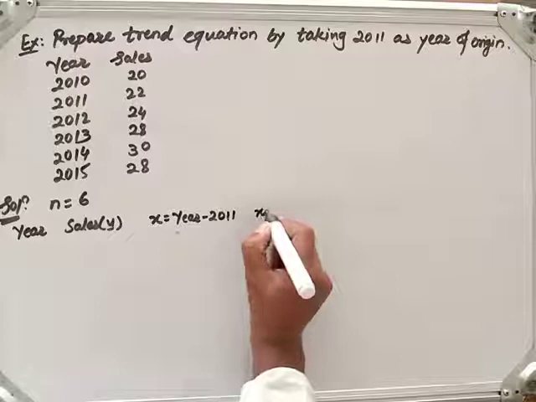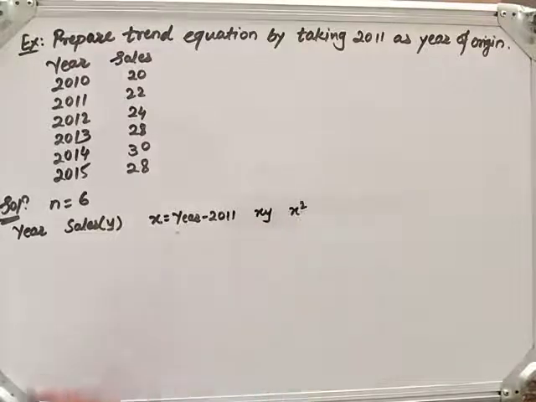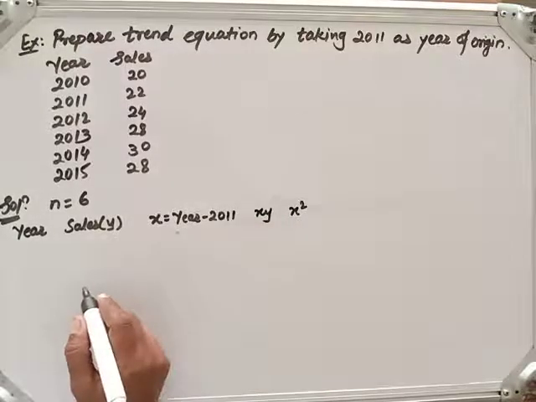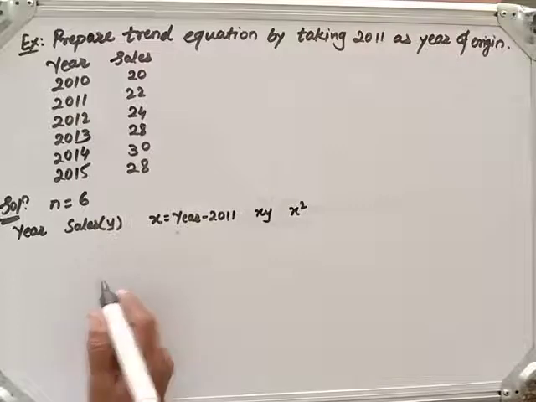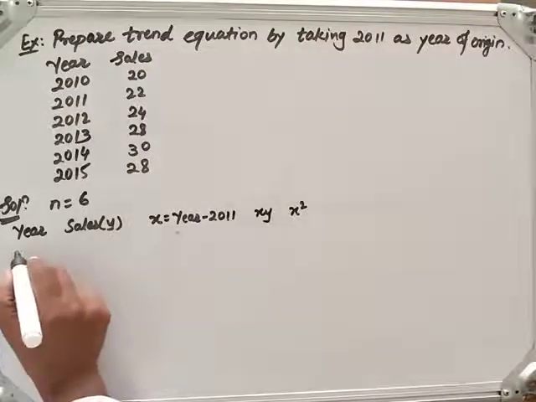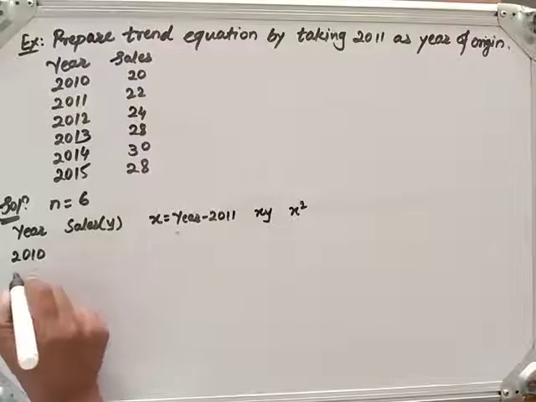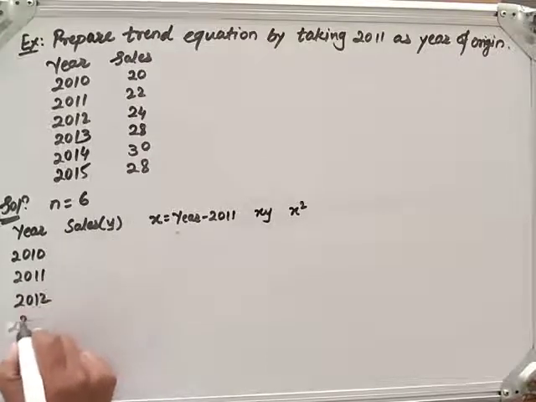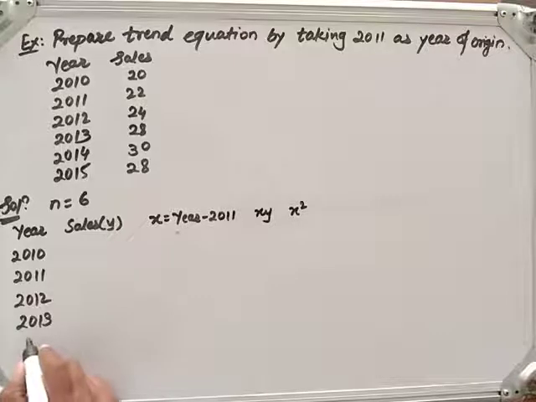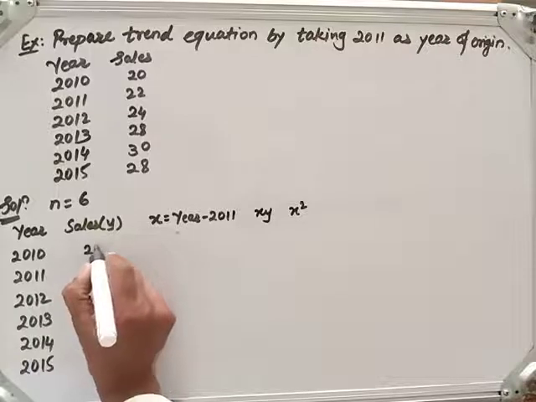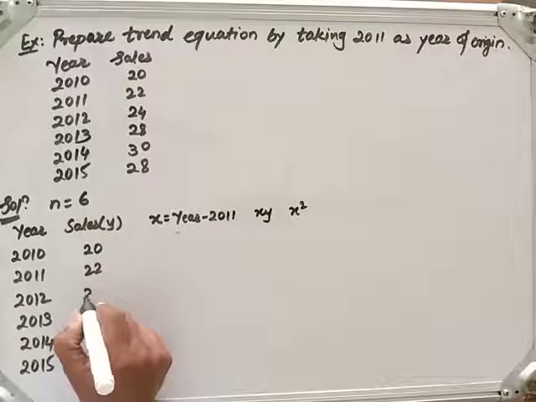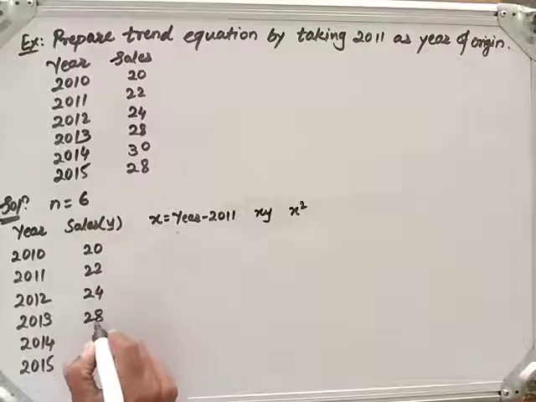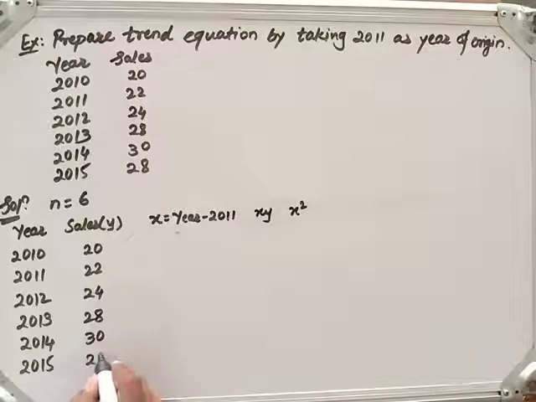Then xy and x square we have to find. You know the equations of least square method from previous example. Year 2010, 2011, 2012, 2013, 2014 and 2015. So the sales 20, 22, 24, 28, 30 and 28.